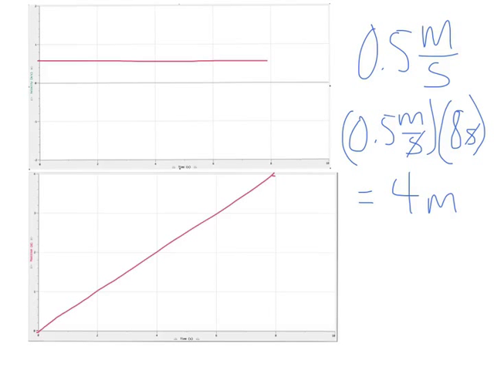That's my velocity. So my position is getting farther away from the motion detector half a meter every second. So after 2 seconds, I will be 1 meter away, and after 8 seconds, I will be 4 meters away. So this graph and this graph depict exactly the same motion.